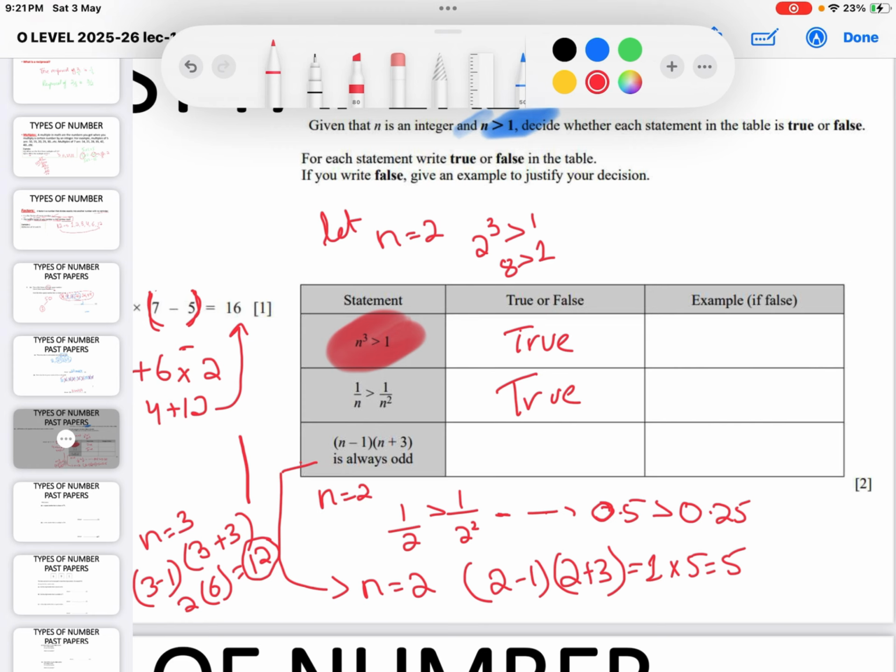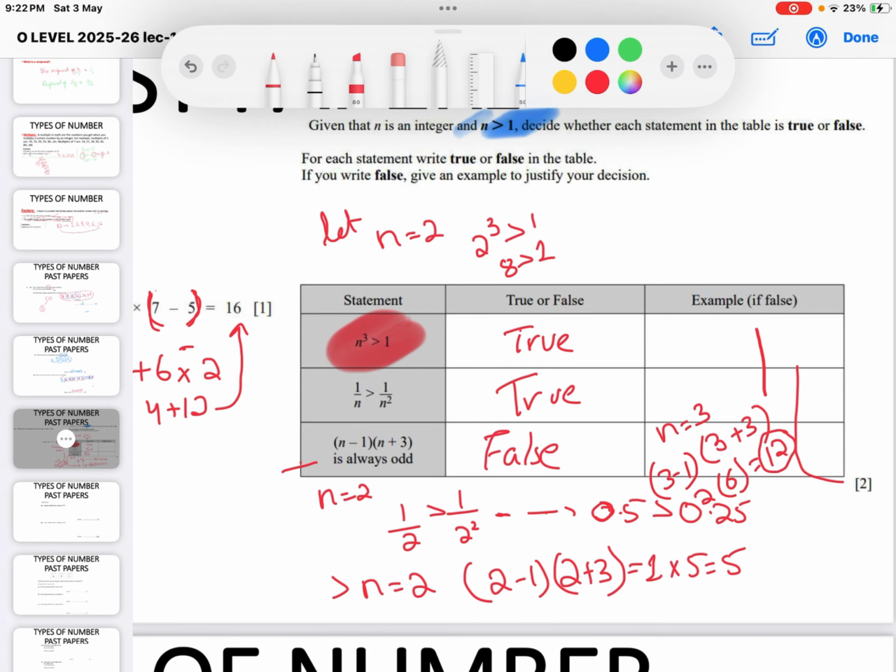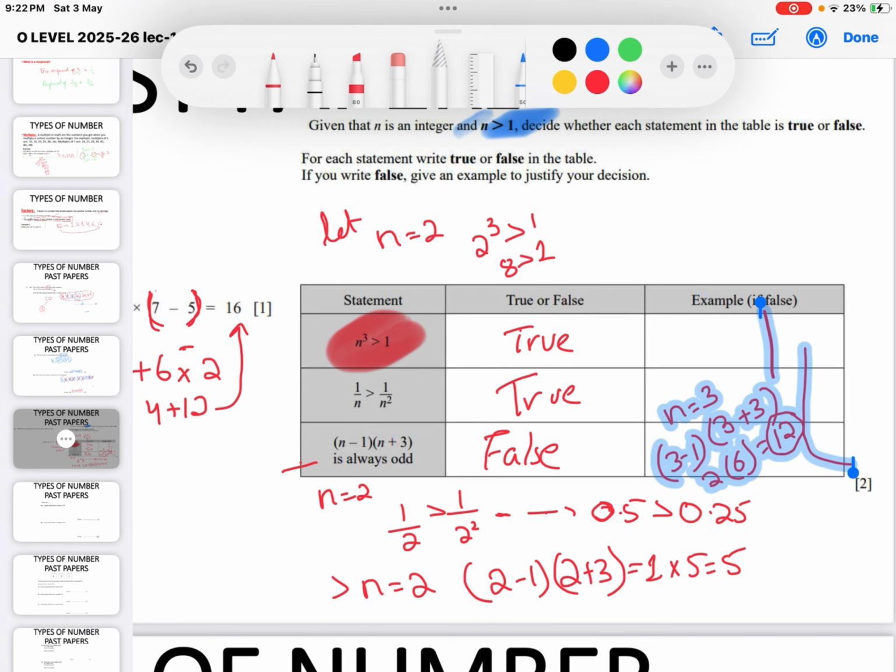So this means that it's a false statement, and you have to write this example here. This n is equal to 3 example must be written here. I hope everything is clear.